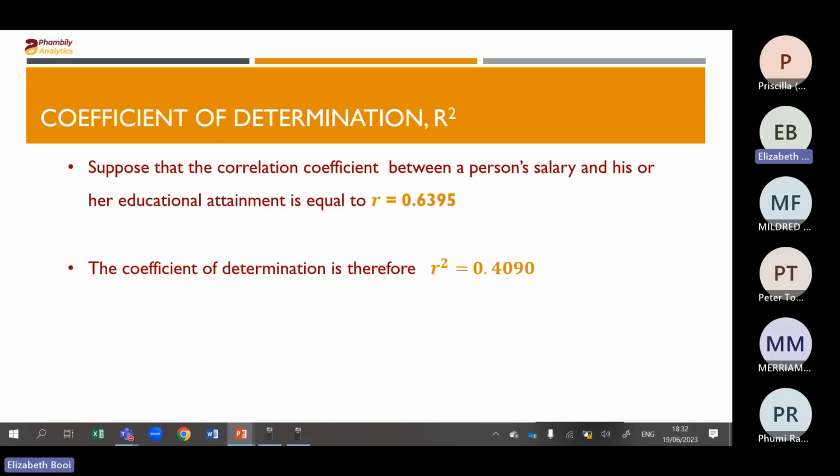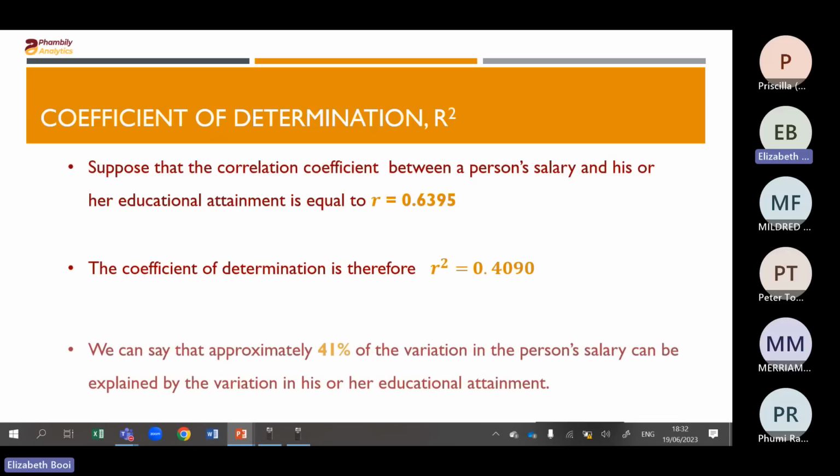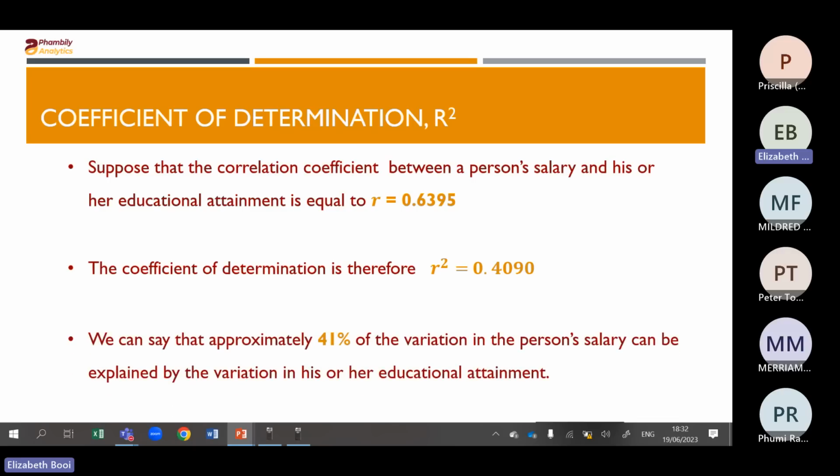And when we interpret this, we say that 41% of the variation in the person's salary can be explained by the variation in their educational attainment. And that's how you interpret the R squared.